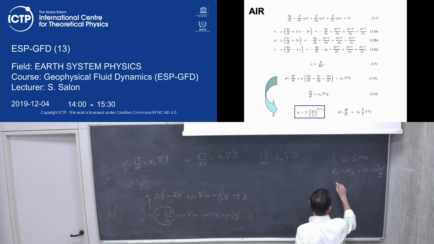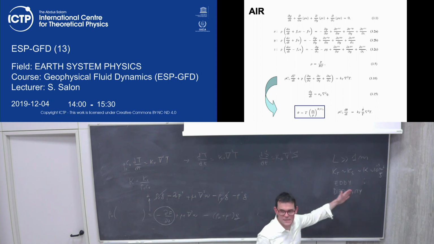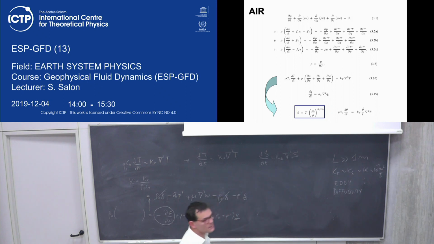That's why we call it eddy diffusivity. Eddy diffusivity is related to turbulence.